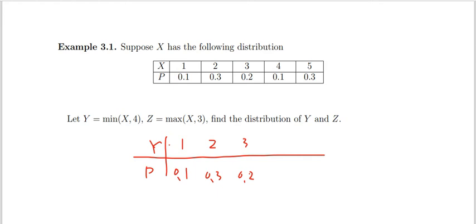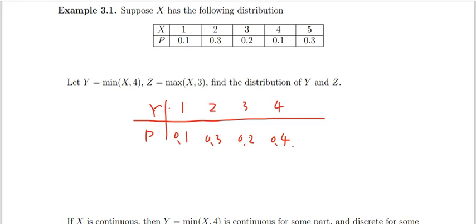If x equals 5, also take 4, right? So here x equals 4 and x equals 5 are two cases where y is the same, y equals 4. So this probability is 0.4. This is the distribution for the minimum y.